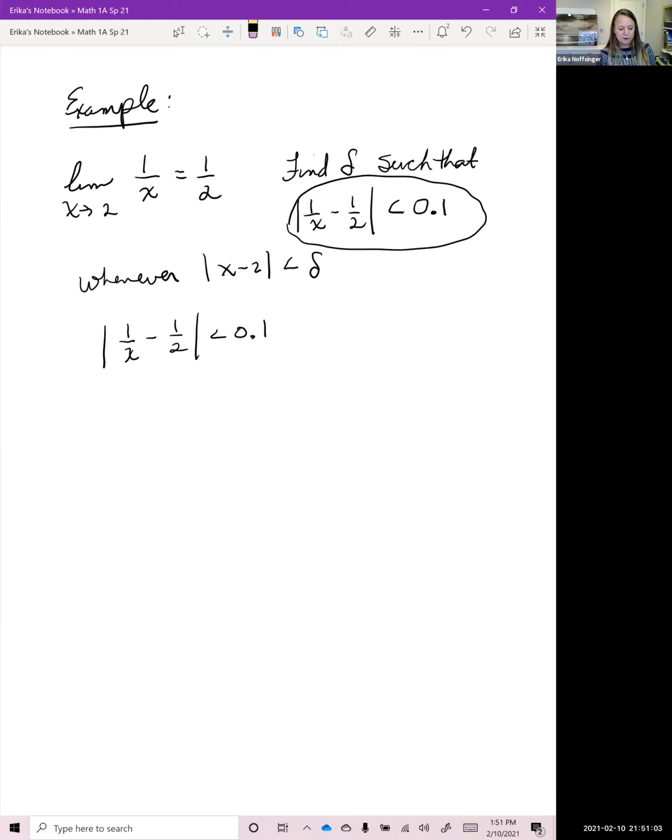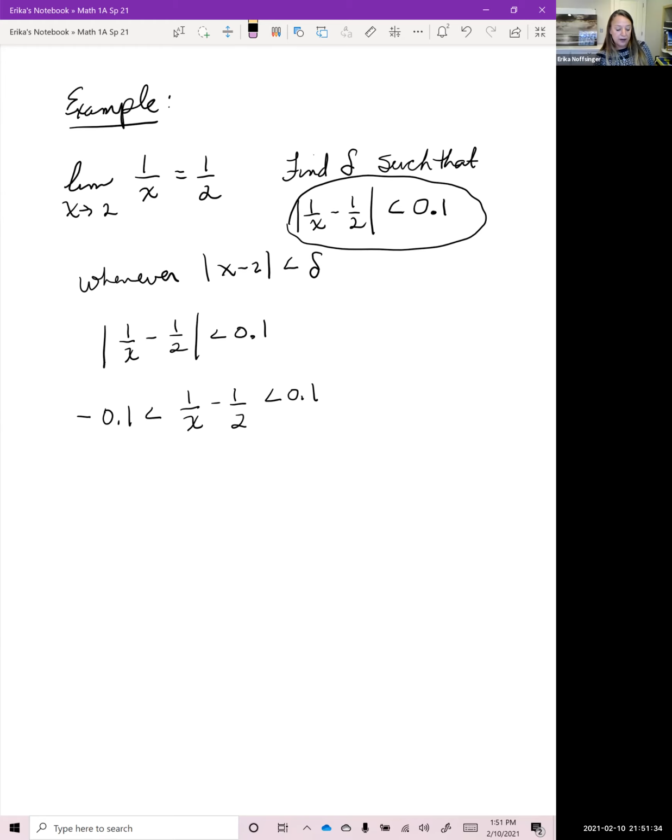Let's first start this by getting rid of our absolute values. And so we can rewrite this without those absolute values as a compound inequality. So negative 0.1 is less than 1 over x minus 1/2, which is less than 0.1. Okay, so that's identical.